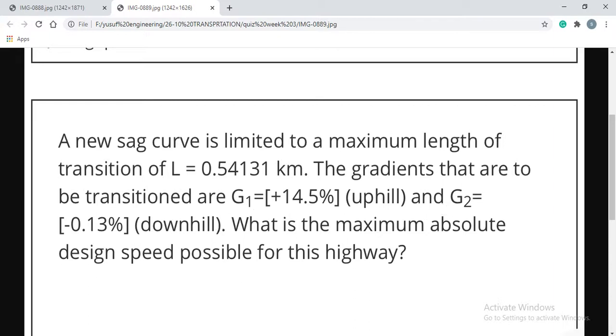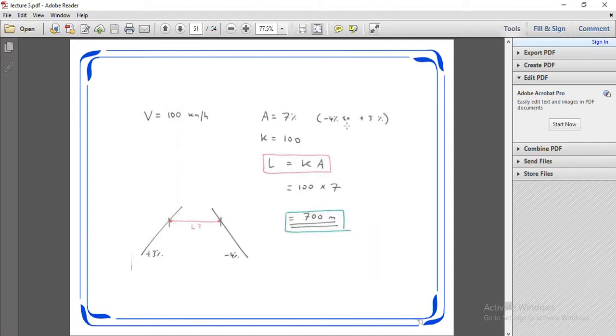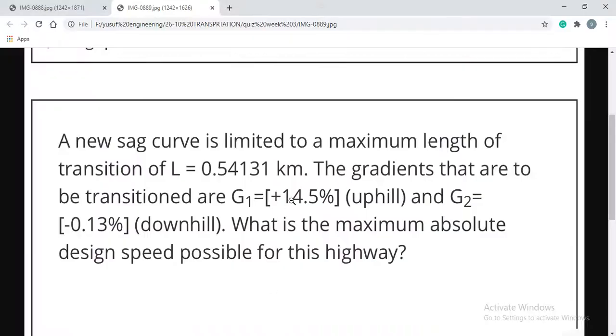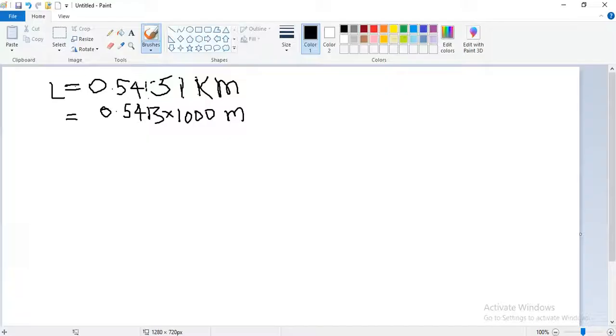After that, the gradients that are to be transitioned are G1 and G2. So what will this give? This will give parameter A. We require adding both the percentages. Here it is 4 plus 3, so it was 7. Now it is 14.5%.